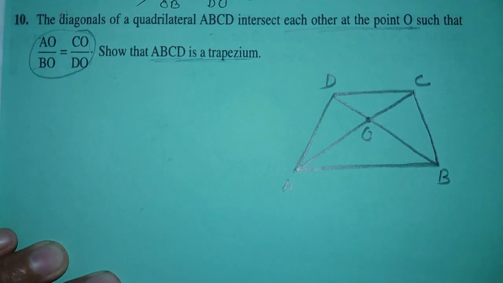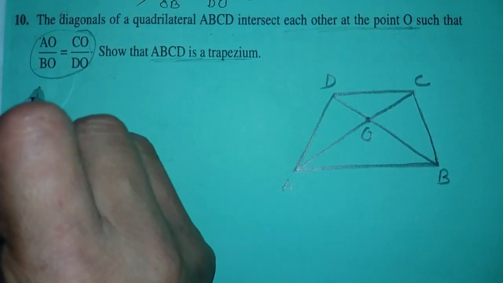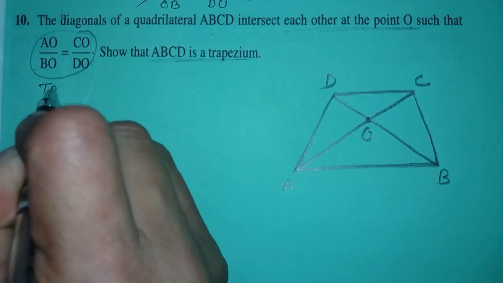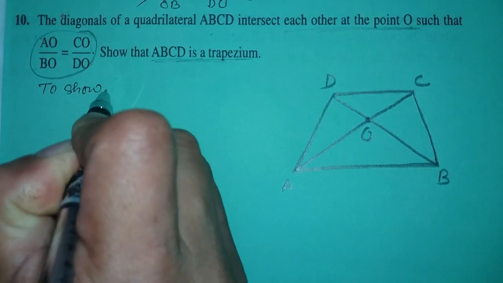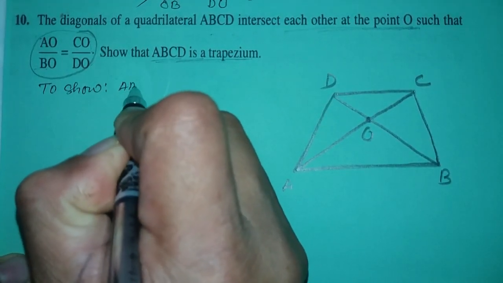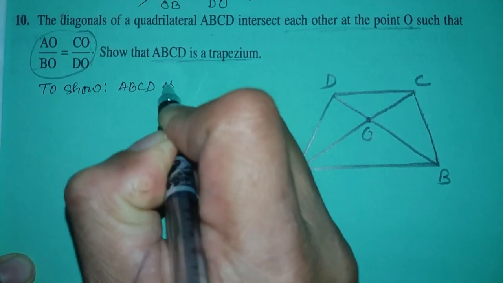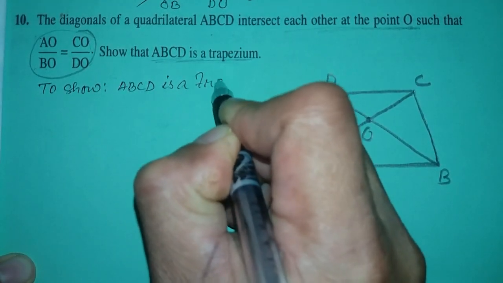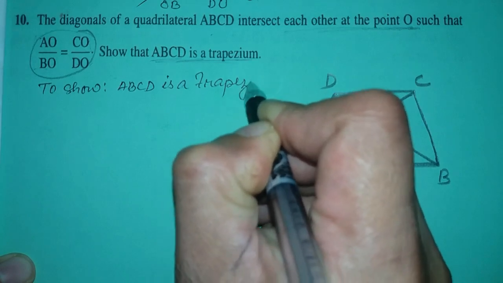So to show this, we need a construction here. First write down, to show: ABCD is a trapezium.